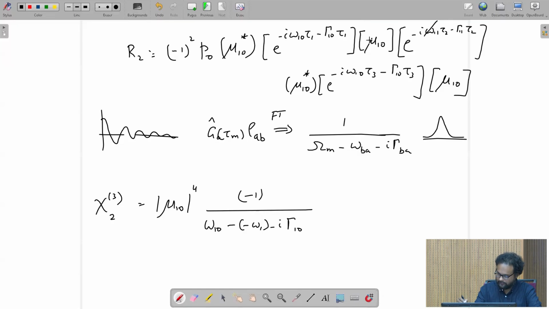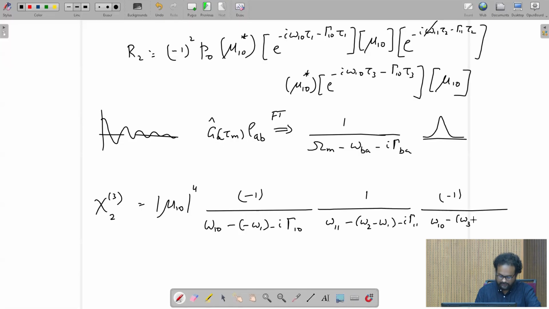The second interaction is acting from the ket: 1 over omega 2 minus omega 1 minus i gamma. The final one is again a complex conjugate, so minus 1 divided by omega 3 2 minus omega 1 minus i gamma.